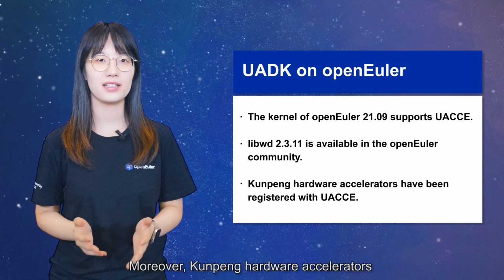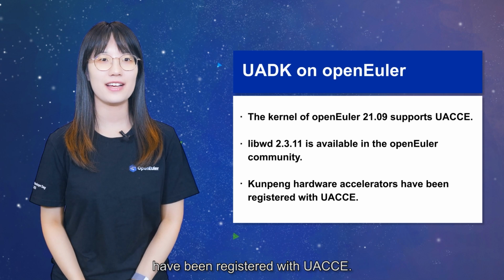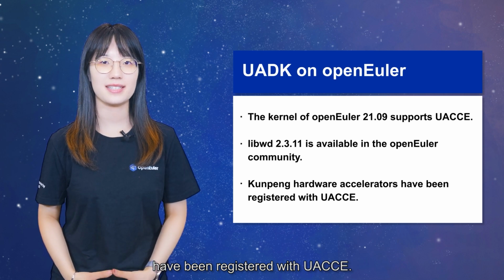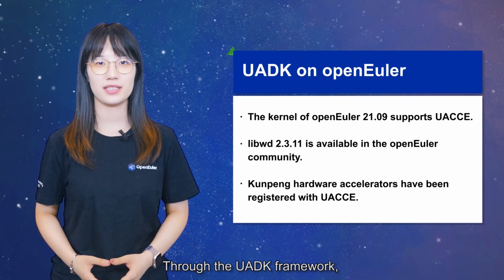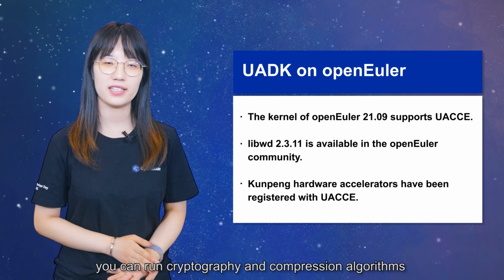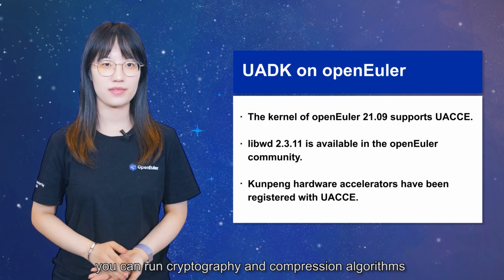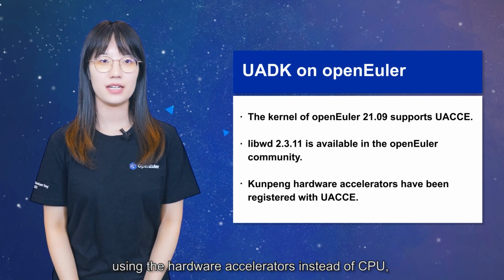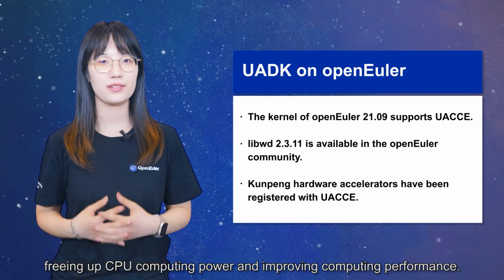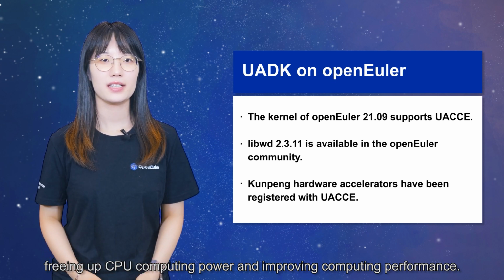Moreover, Kunpeng hardware accelerators have been registered with UACCE. Through the UADK Framework, you can run cryptography and compression algorithms using the hardware accelerators instead of CPU, freeing up CPU computing power and improving computing performance.